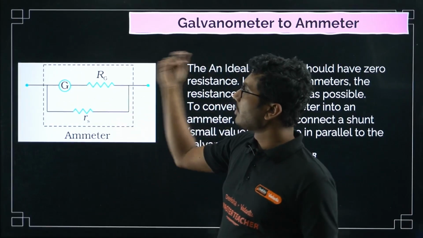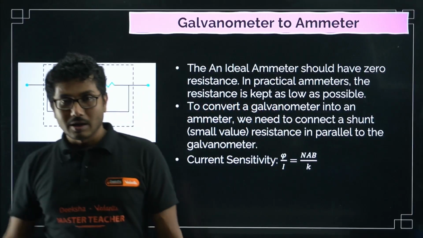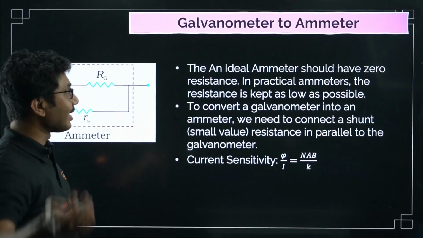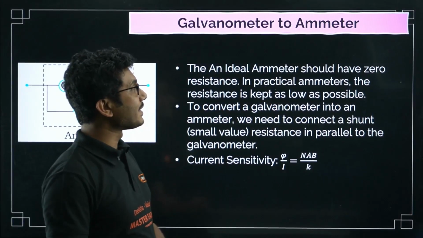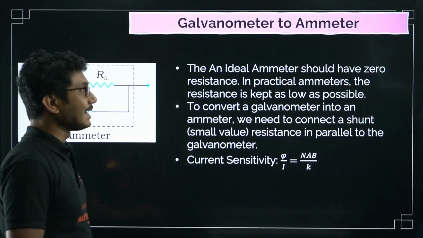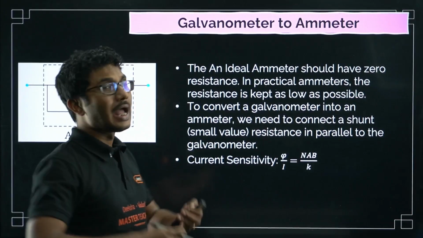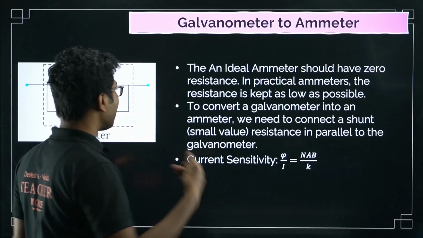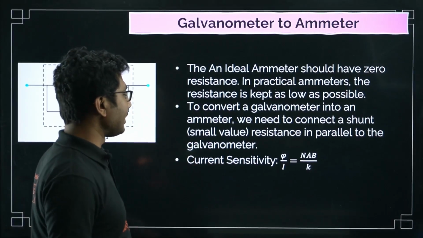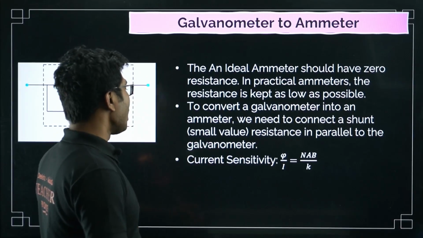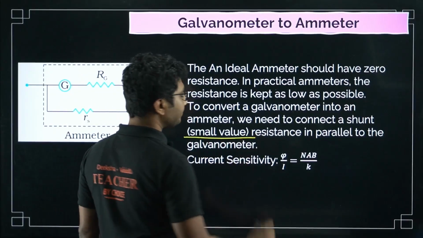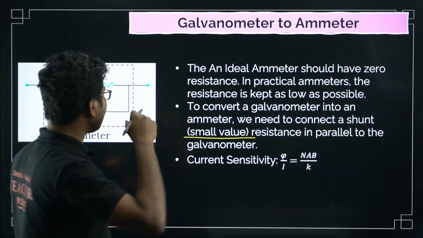Now we have already learned this in our theory class, that an ideal ammeter should always have zero resistance. In practical ammeters, the resistance is kept as low as possible. To convert a galvanometer into an ammeter, we need to connect a shunt, that is a small value resistance, in parallel to the galvanometer.